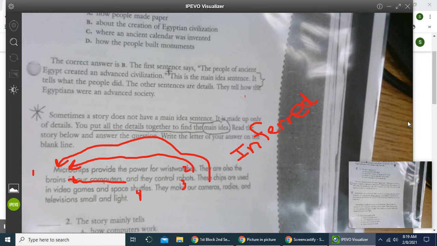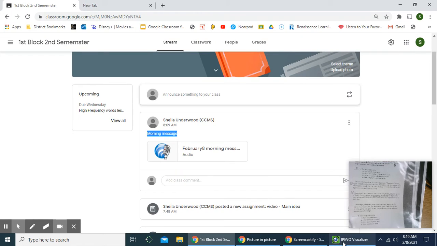Well, it mentions several of those things, but none of those are just what it's about. So what is the one word that comes down in those choices is how microchips are used.